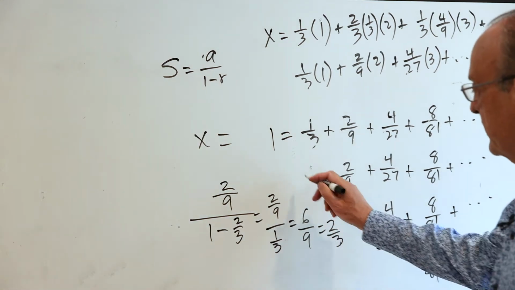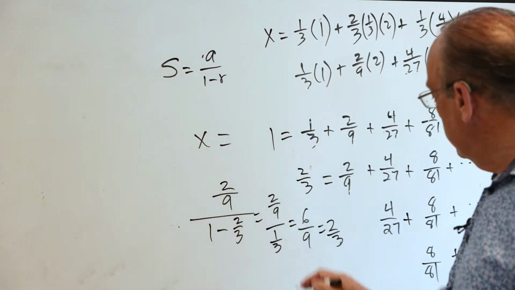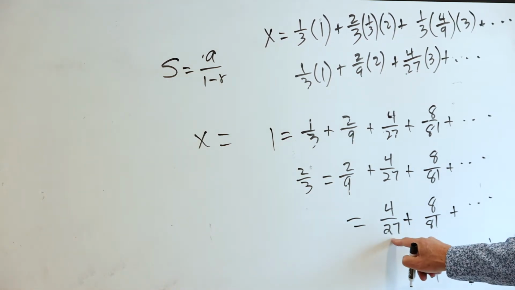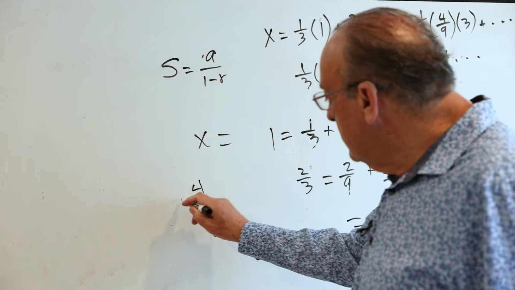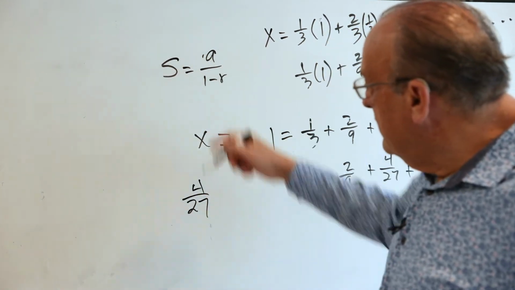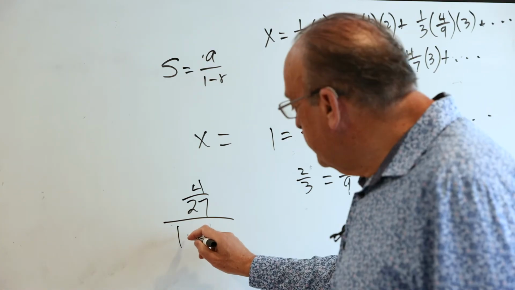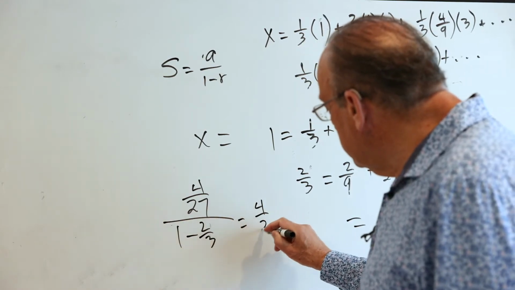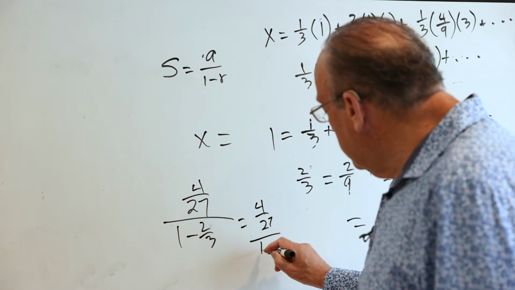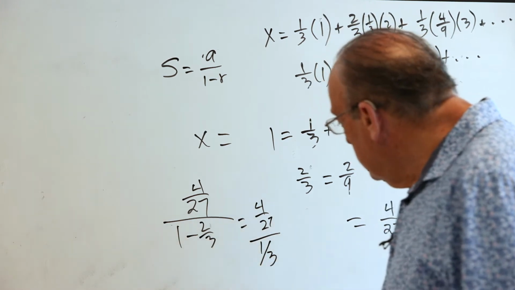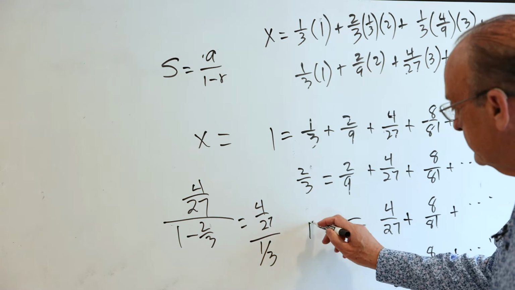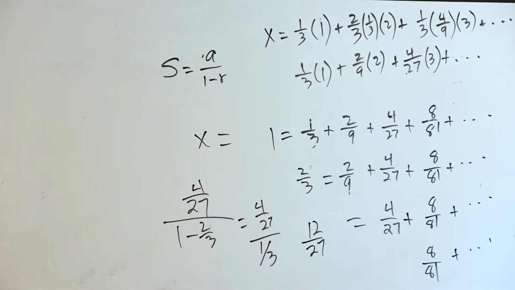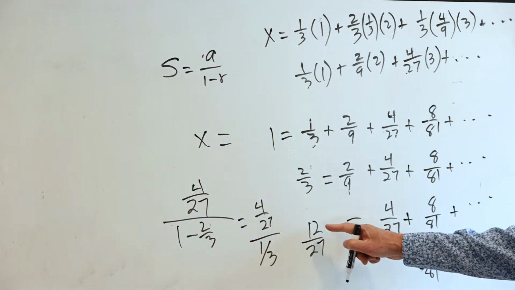So this sum is 2/3. Okay, so for the next sum, your A is 4/27. That's this A, and we subtract 1 minus 2/3. So that's equal to 4/27 over 1/3, which is 12/27. And that reduces to 4/9.